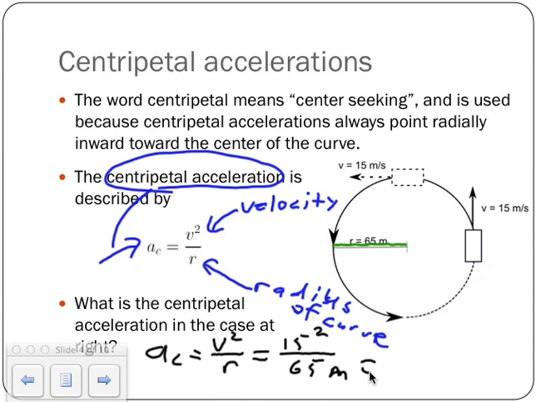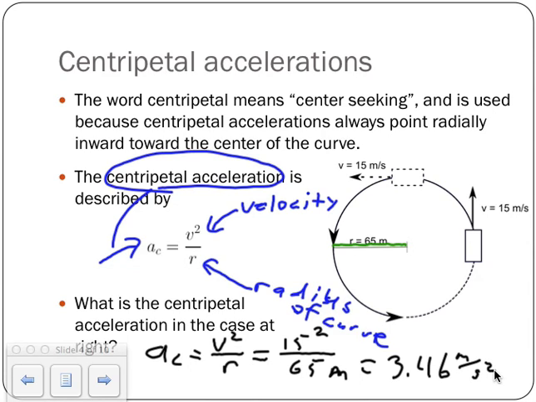If we put that in our calculator, 15 squared is 225, divided by 65, gets a total of 3.46 meters per second squared, because that would be acceleration.